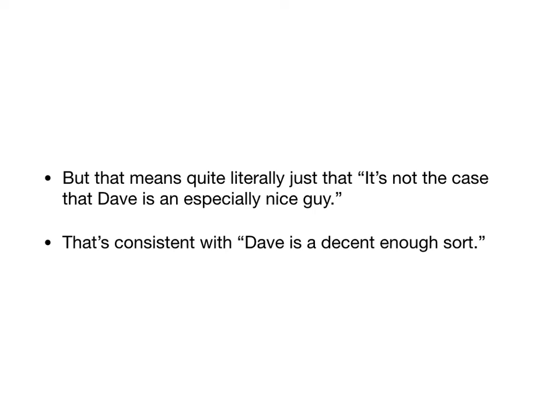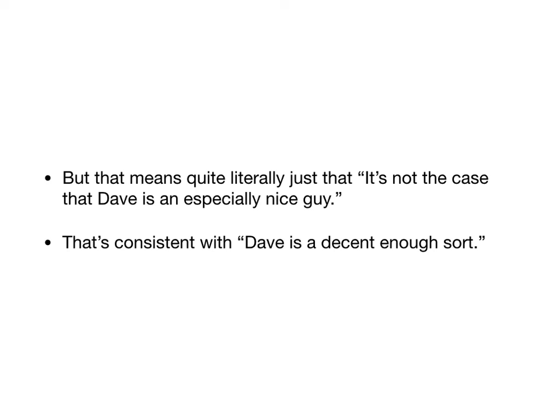That's consistent with, well, he's a decent enough sort, but he's not especially nice, right? If I say Dave is not an especially nice guy, especially in some tones, I'm probably not just denying that he's really nice. I'm probably saying something else, right? You say, well, what do you think of Dave? And I'm like, well, he's not an especially nice guy. And you say, well, okay, he's not especially nice, but is he kind of a jerk?